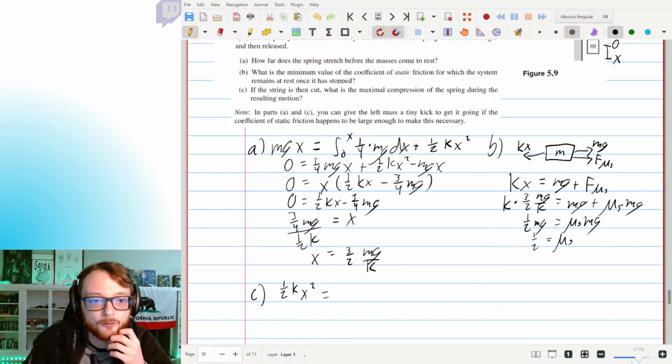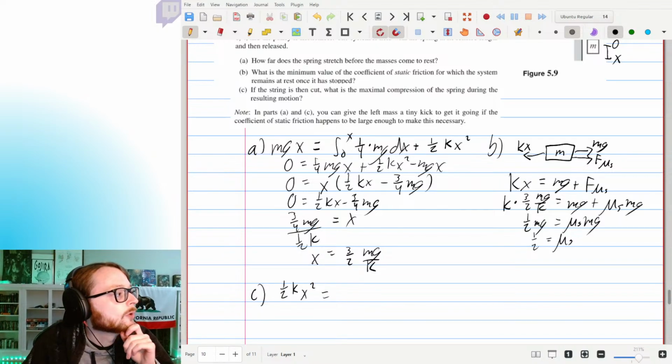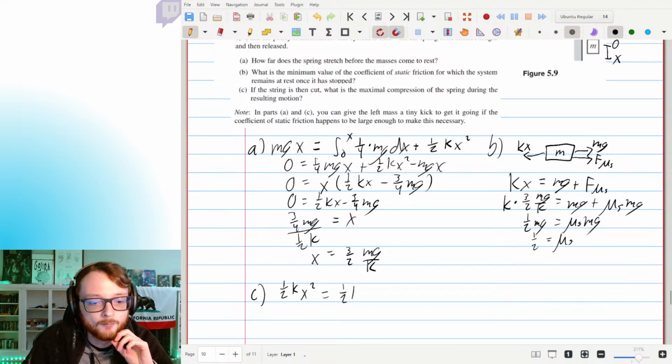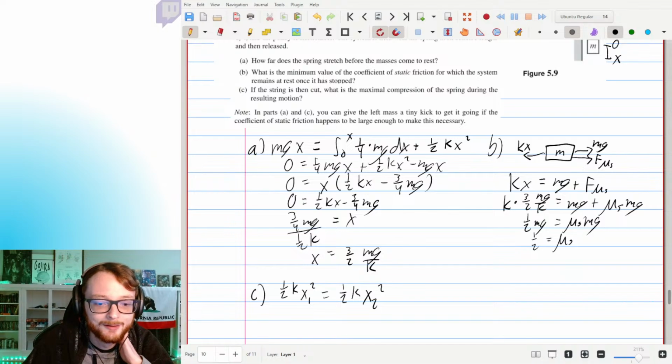Yeah, it should be the same x as we just calculated in part A. And we want that to be equal to whatever the new spring potential is, which I'm going to call x1 and x2, I guess, plus work done by friction.